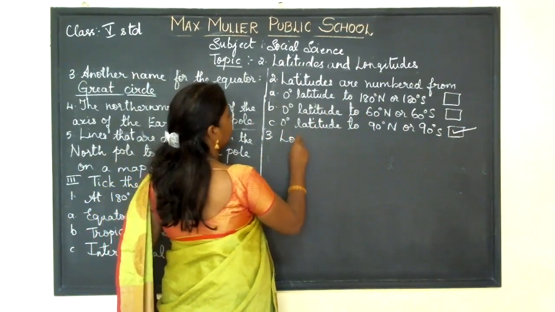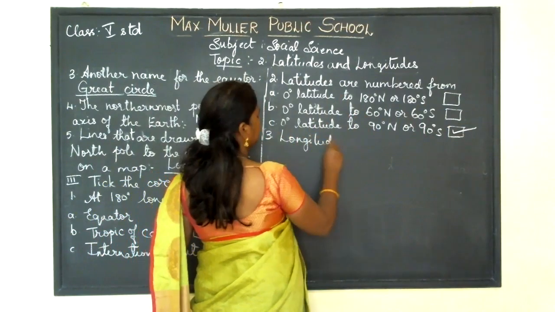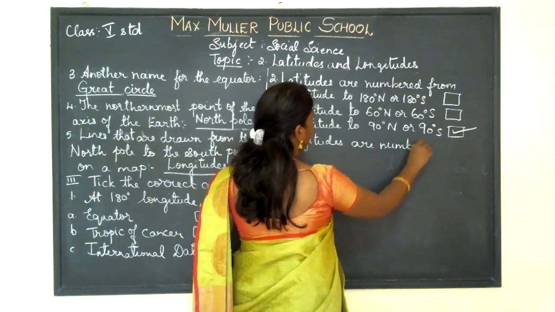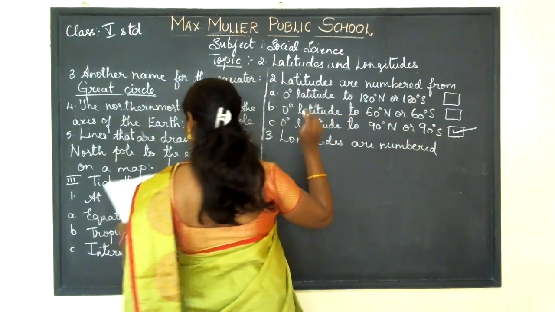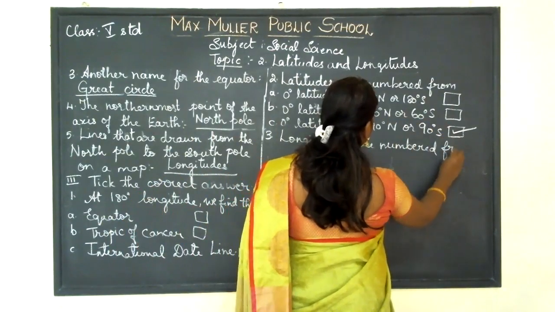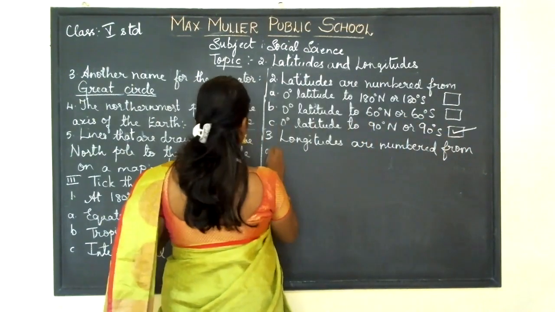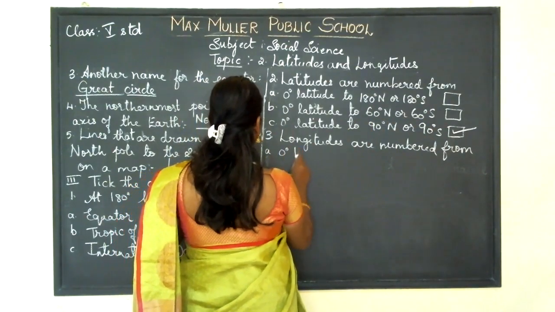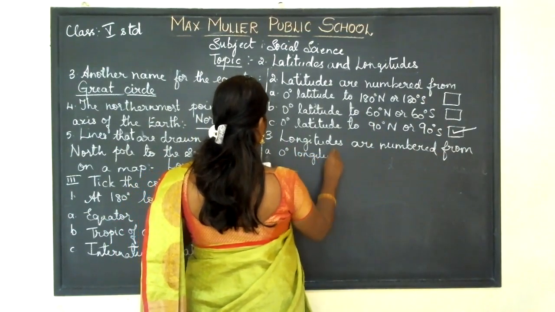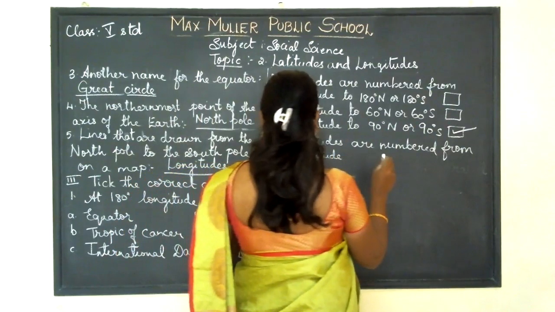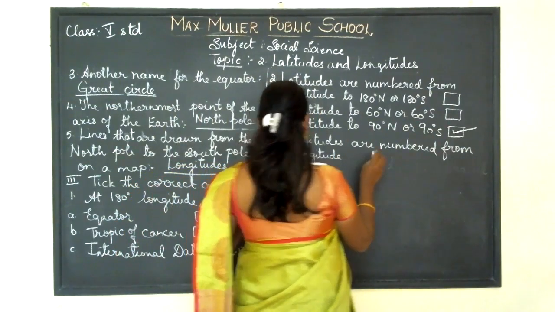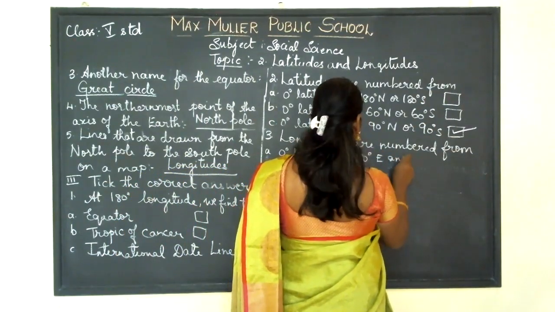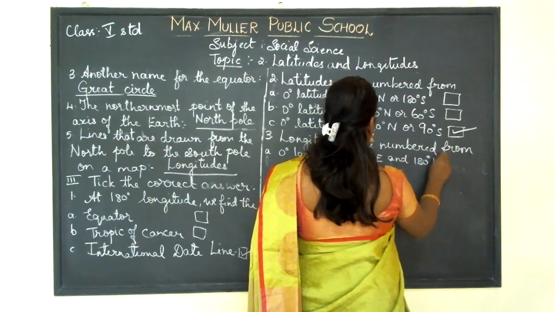Next one. Longitudes are numbered from. Option A is 0° longitude, 180° east and 180° west.